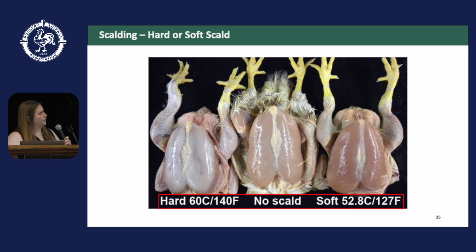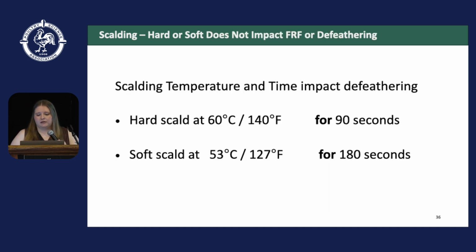It's kind of what you would think, but the important part is immersion time, we have found. So the birds will pick just the same, the feather retention force will be just the same, as long as you have them in the scalders for the correct amount of time. So you want to have hard scald shorter time, soft scald a little bit longer.